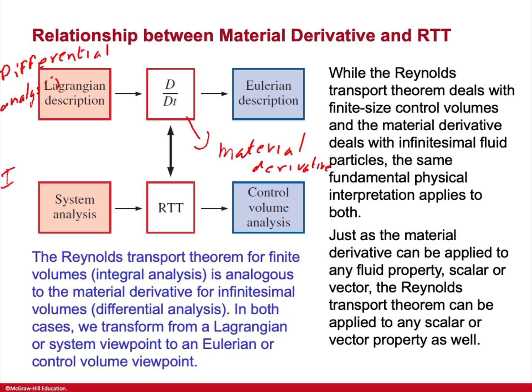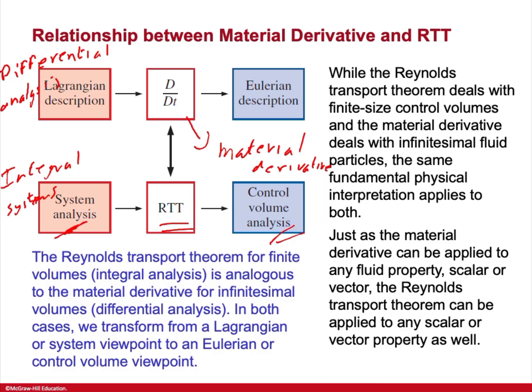If you are doing an integral analysis, essentially you're looking at the global net flux or net mass transfer or net forces acting. Then you're trying to connect system analysis to control volume analysis, in which case you use the Reynolds transport theorem.